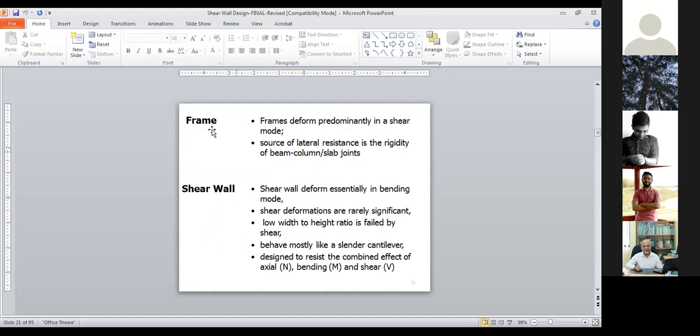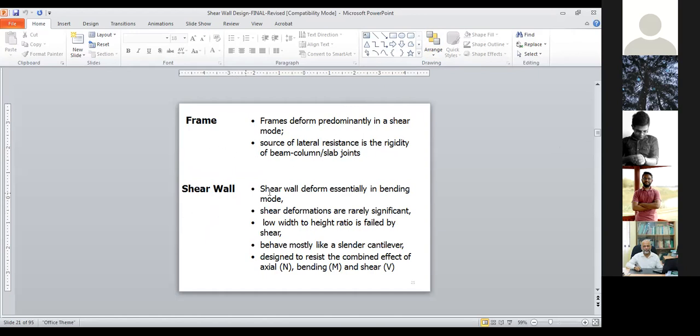So frames deform predominantly in shear mode, and the source of lateral resistance is the rigidity of the beam-column-slab joints. We already talked about that in the case of moment frame, you need to have a good beam-column joint system to resist the horizontal load.